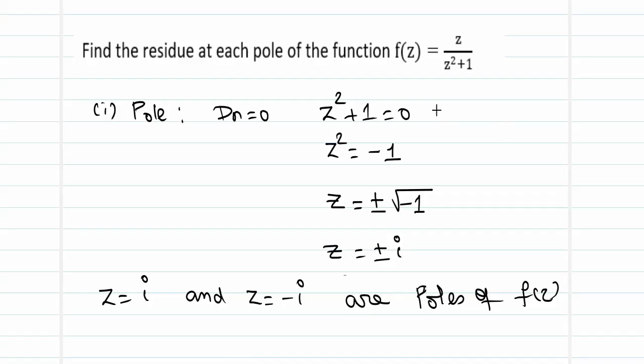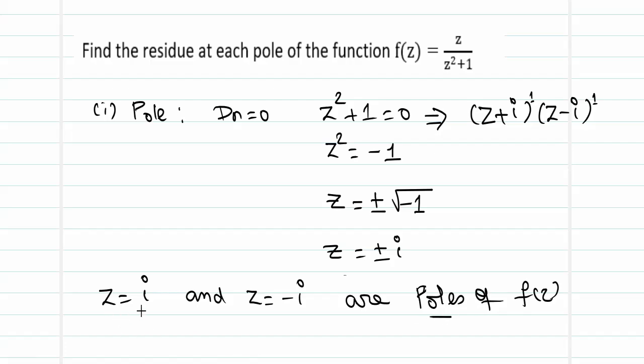So I can rewrite this z square plus 1 as (z plus i) into (z minus i). So that is how my denominator gets converted. Now notice that this power is 1, this power is 1. So what do you think is going to be the nature of these poles?